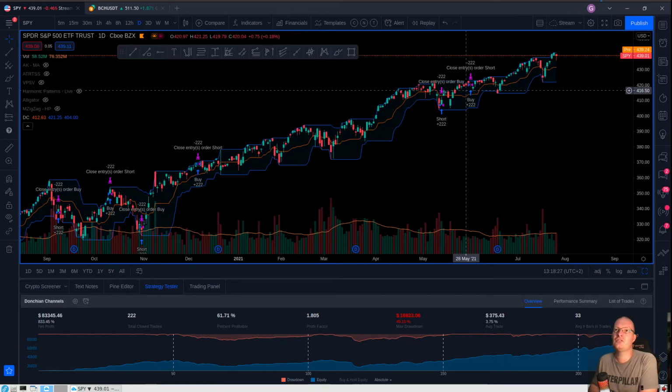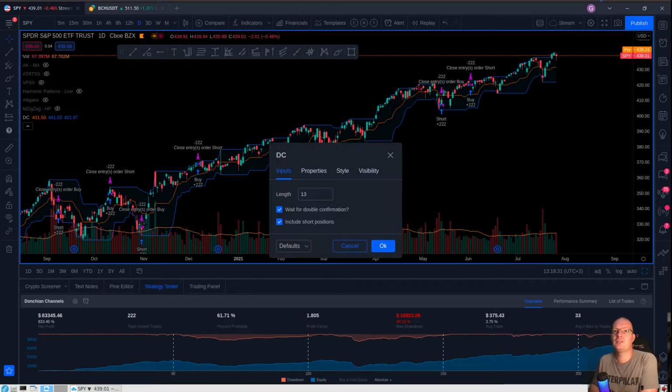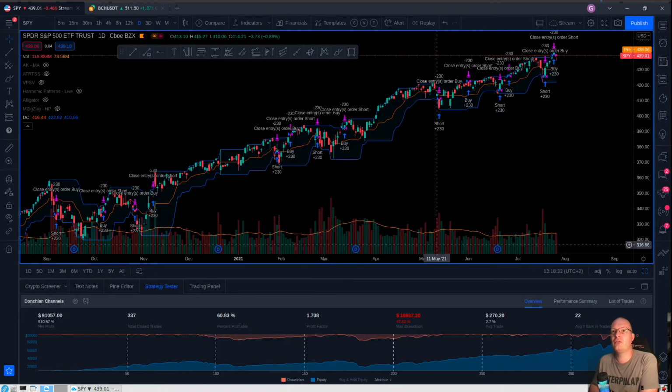So this is one with a loss. But if we don't wait for the double confirmation, then you would see that, so here we have short signal, short signal, short, short, short, which are all incorrect.